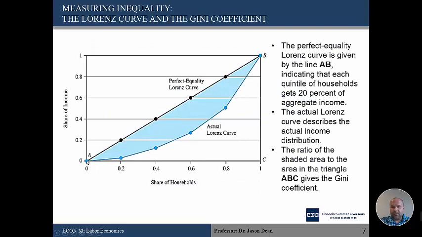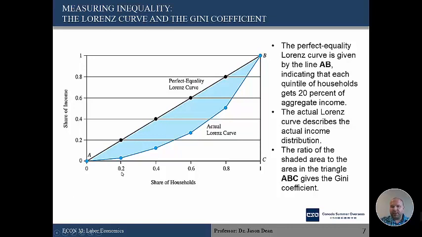So here you can see the share of the households on the bottom, and we have a line from A to B, and this is called the perfect equality Lorenz curve. If everyone had the same level of earnings, then as we go along here, we would get a perfectly straight line.